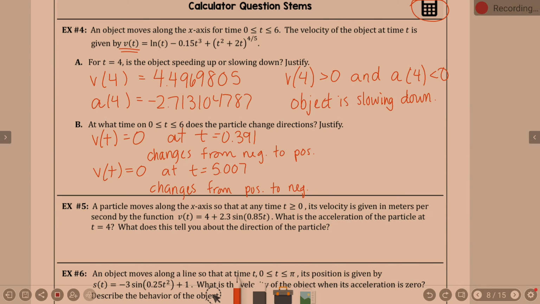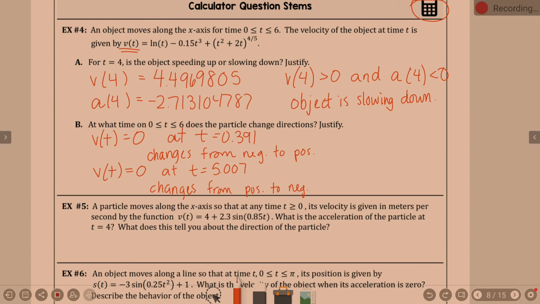So, acceleration is the derivative of v, yes? I don't have to find that by hand, right? I have, probably in my y2, that equation typed in: 4 plus 2.3 sine of 0.85 t. If we want the acceleration, I can do the derivative evaluated at 4.